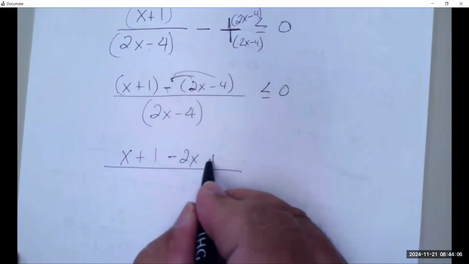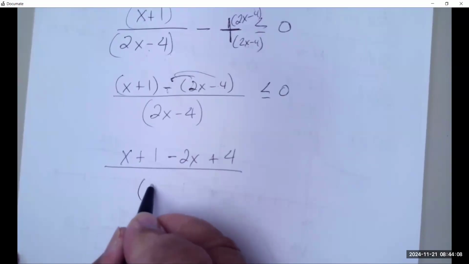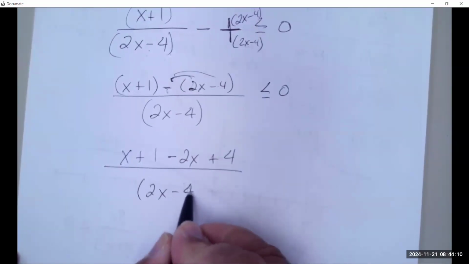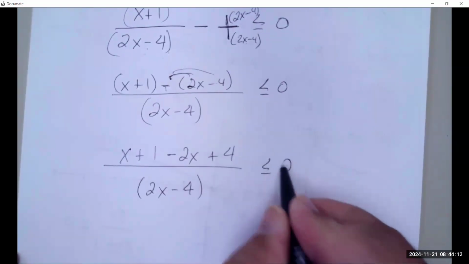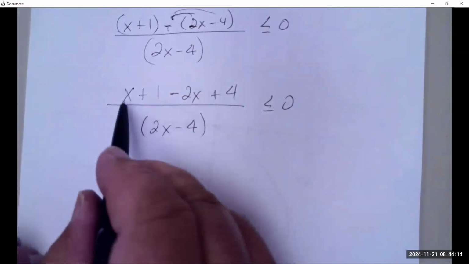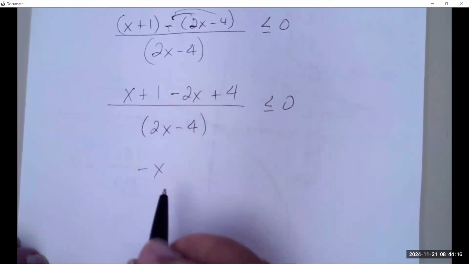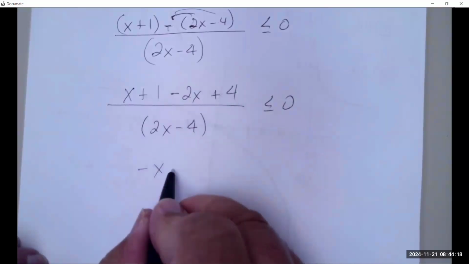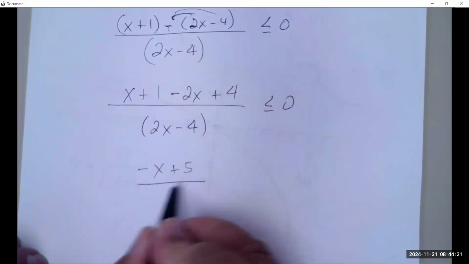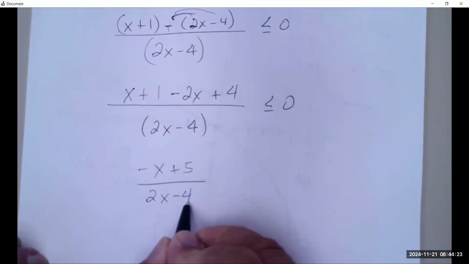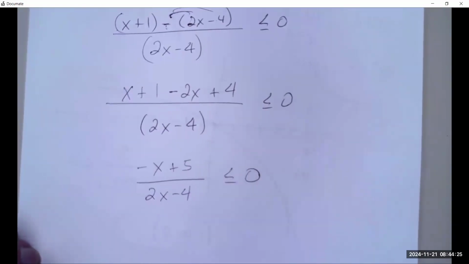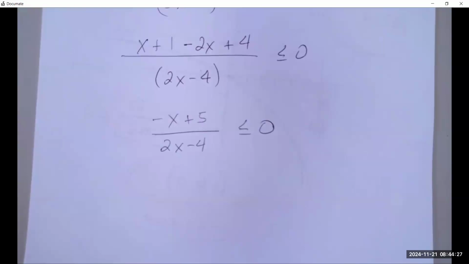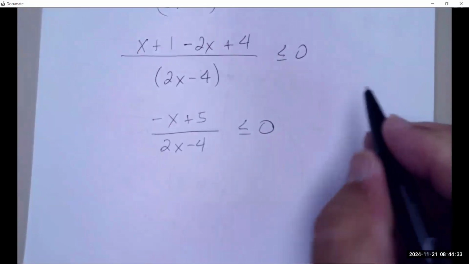Negative and negative makes it a positive 4. Now we're combining terms. So x minus 2x is negative x. 1 plus 4 is positive 5. Any questions about that so far? We're setting up our rational equation.